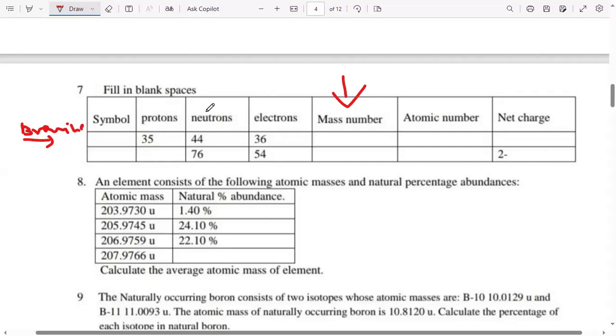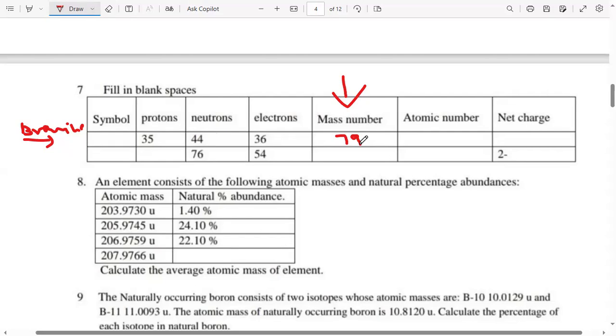What is 44 plus 35? You can confirm with your calculator. 35 plus 44, I'm getting 79. So my mass number is 79.